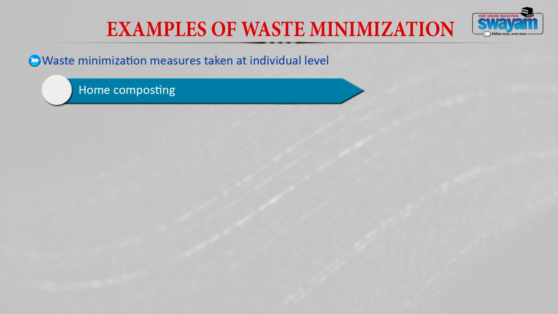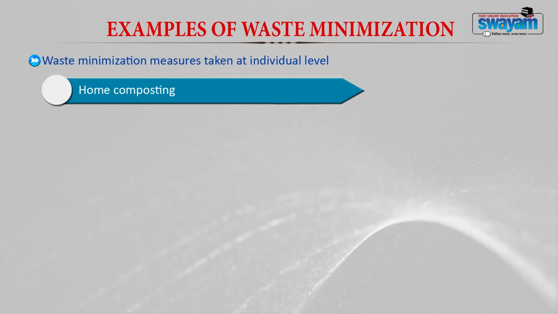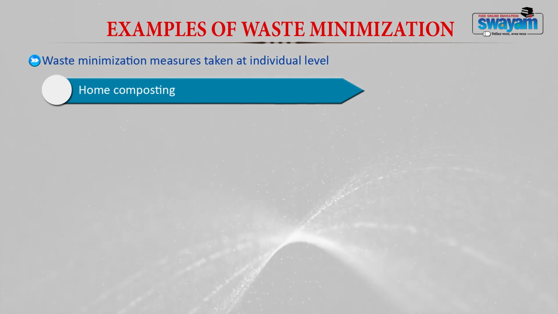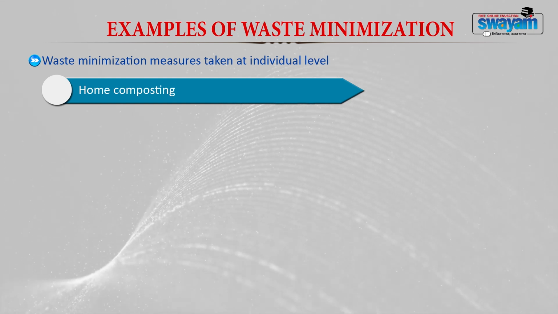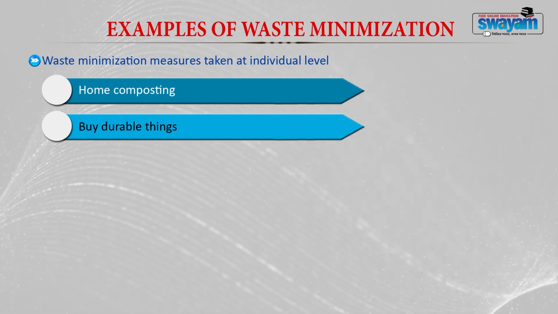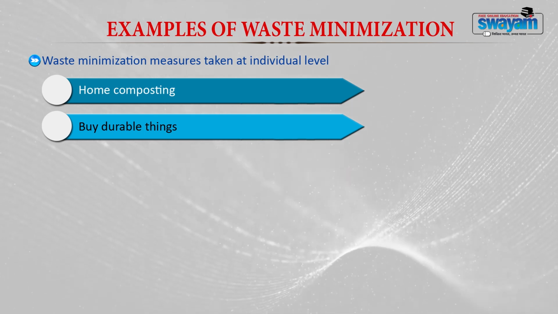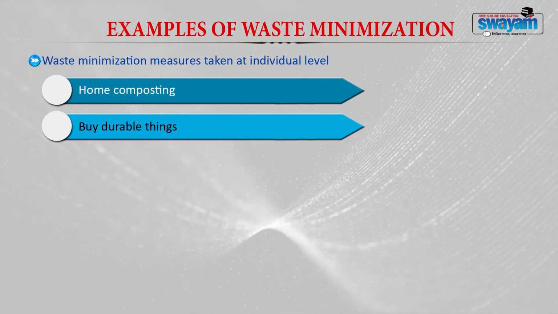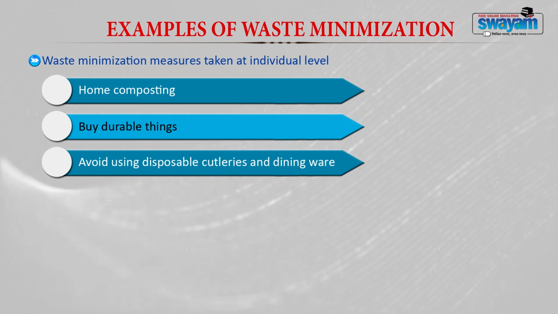That waste can be converted into manure, and that manure can be used in our kitchen gardens or in the lawns. Second example is buy durable things. They will last for longer periods, and when they last longer, a lesser amount of waste will be generated. Avoid using disposable cutlery and dining wares.